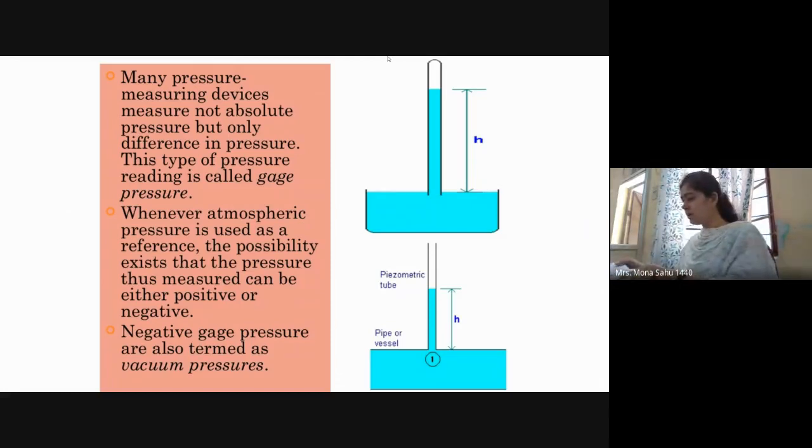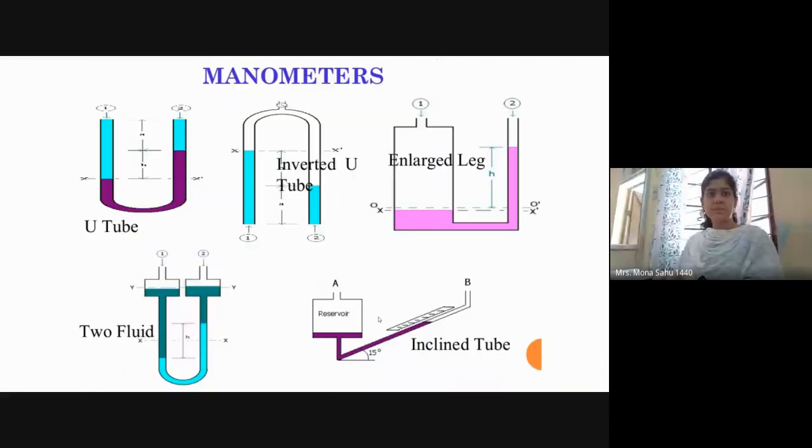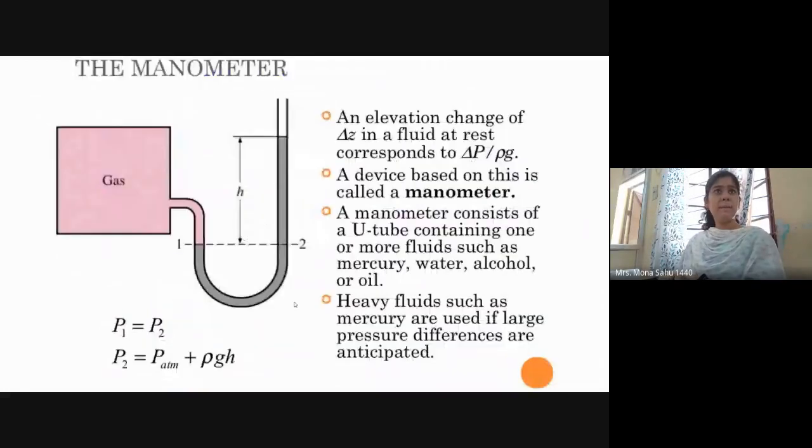This height will give you the pressure of the mercury. So these are the different types of manometers that we have. We'll be learning about two measurement techniques. One is the manometer and the other one is called the barometer.